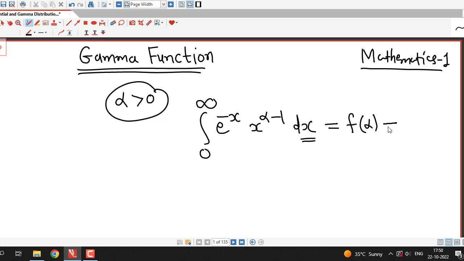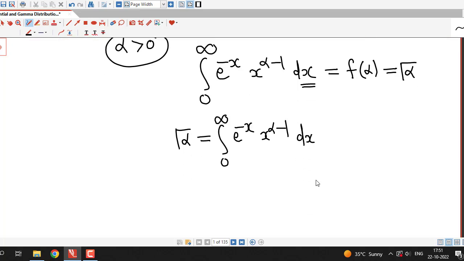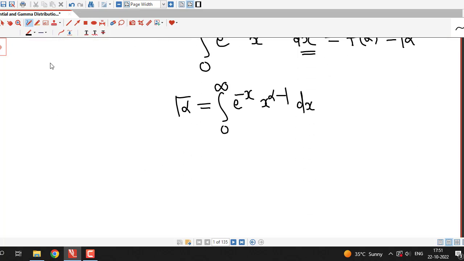It is a special function, and we use this notation for it. So we remember that gamma alpha is given by the improper integral from 0 to infinity of e raised to minus x times x raised to alpha minus 1 dx, and we will require certain properties of the gamma function also.